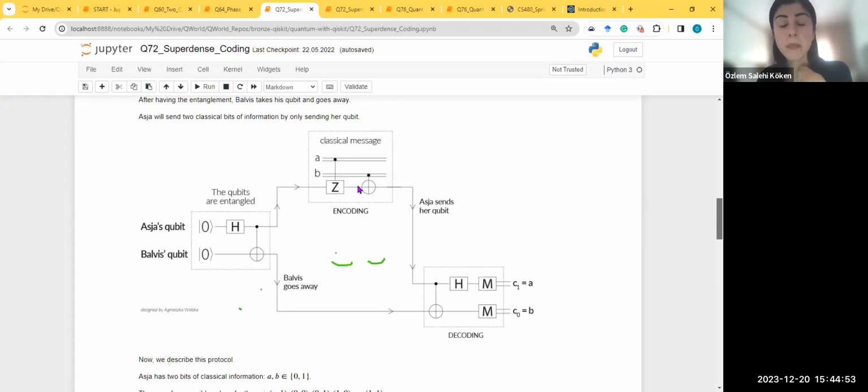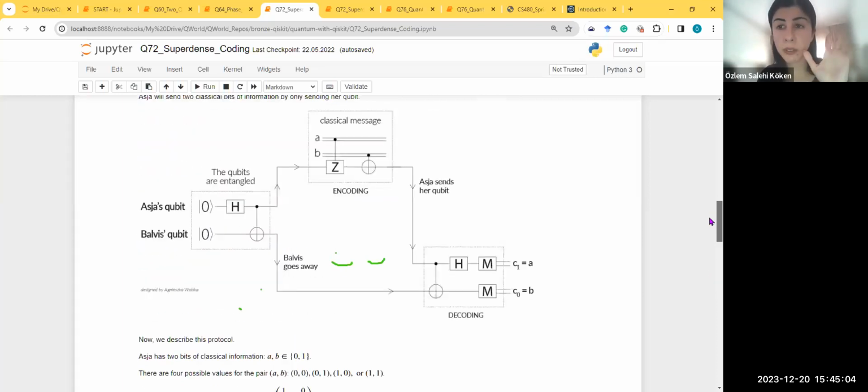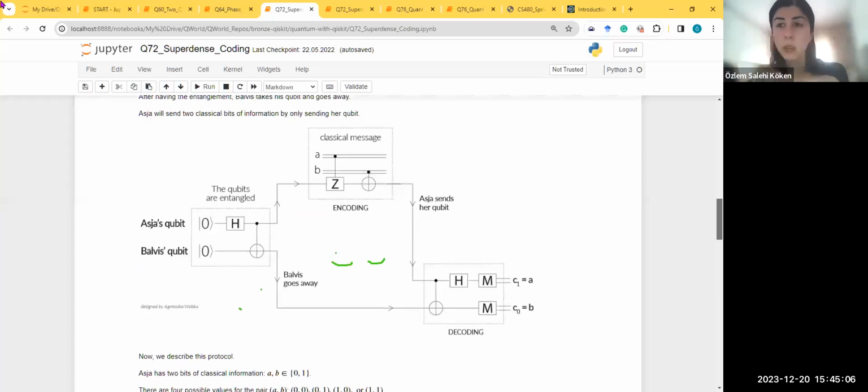And then Asya is doing an encoding by applying either the Z or NOT operator, or maybe both. So depending on the message she wants to send, she is applying something on her qubit, and then she's sending her qubit to Balvis, and Balvis now has the 2 qubits, and he is applying CNOT and Hadamard. And then he is making a measurement.